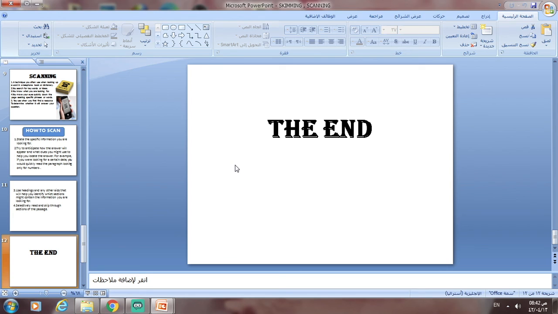Rather than reading in detail, which takes a lot of time, you can use skimming and scanning, any one of these reading techniques that makes you read quickly and find the answers very easily.